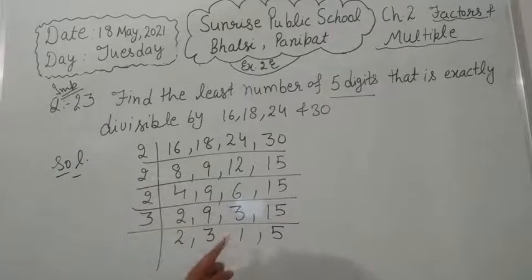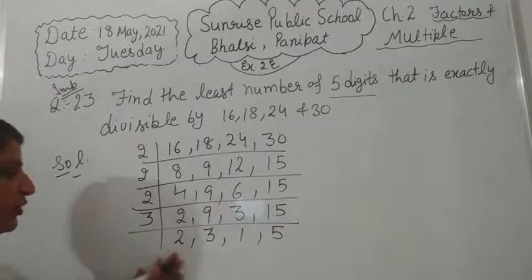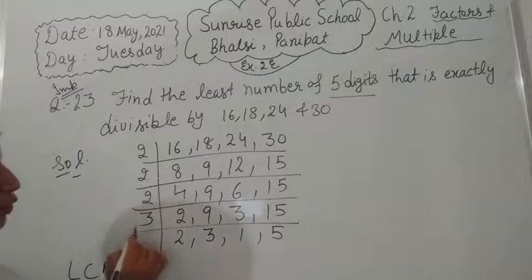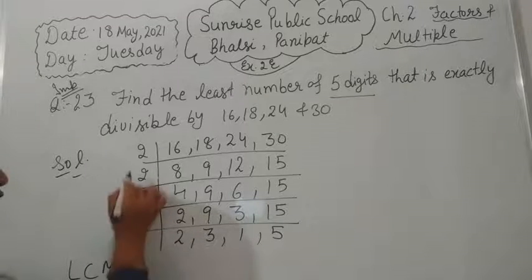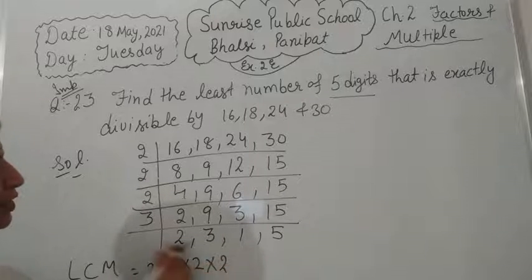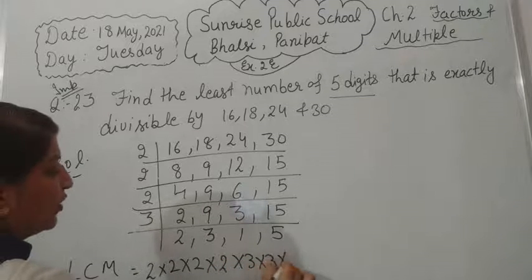Now 2, 3, 5 all these numbers come only one time. So here we write the LCM. LCM write down किया. 2 comes 4 times, 1 2 3 and 4. Now 3 comes 2 times and then 5.